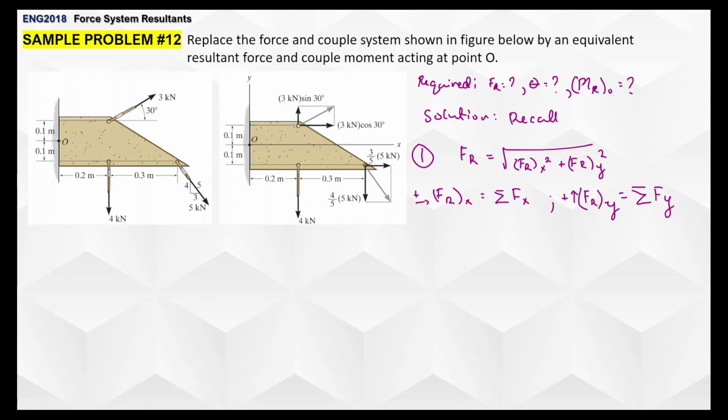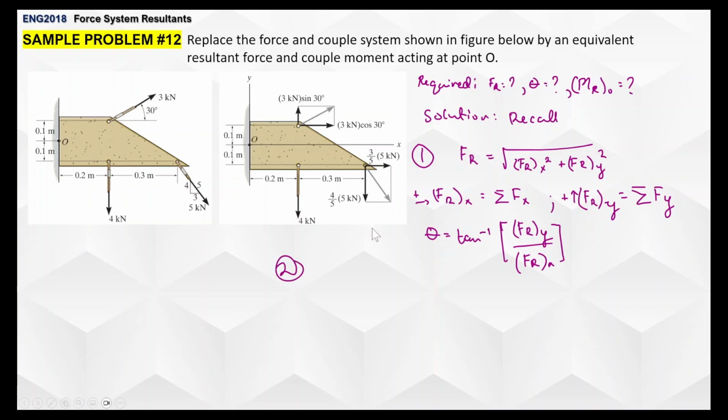And same with the resultant force along the y-axis, you can get it by the summation of all vertical forces in the system. You can also get the angle by getting the tangent inverse of force resultant y over force resultant x.